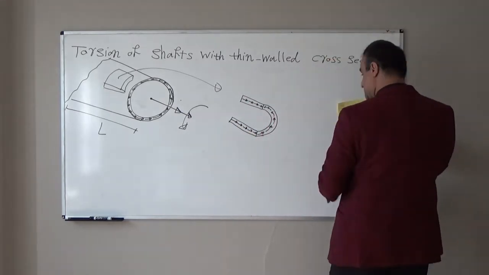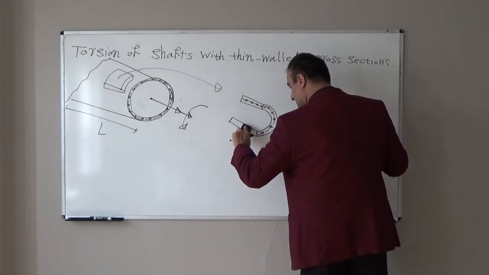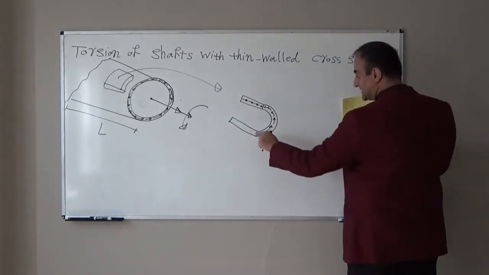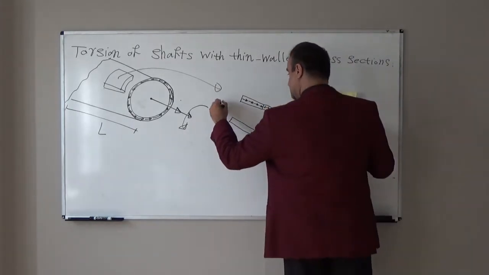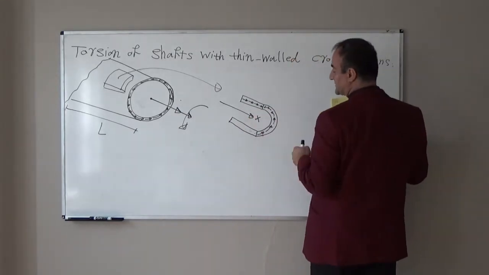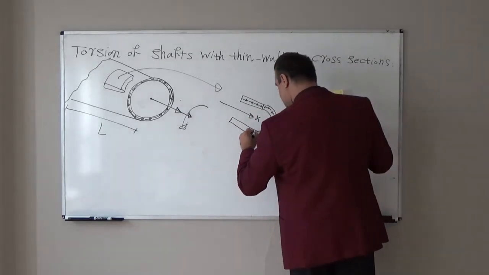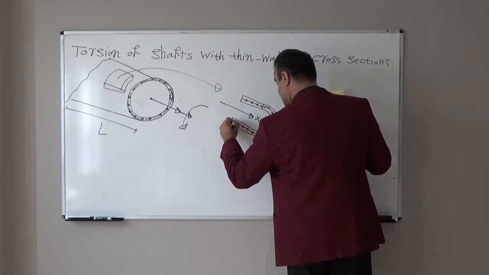Sorry, this direction is wrong. I should correct it. If this is in the counterclockwise direction, and this is my positive, for example, X direction, the top side will be in the positive direction, and this will be in the inverse direction.